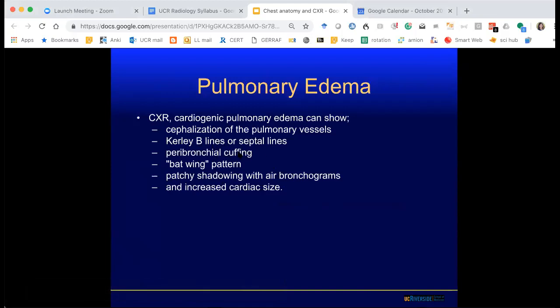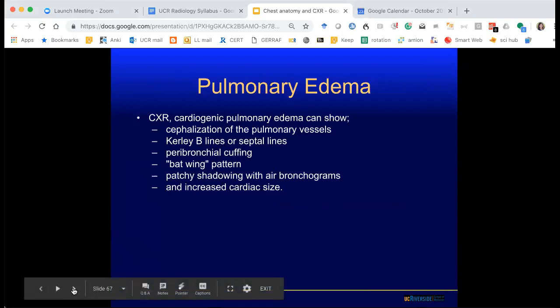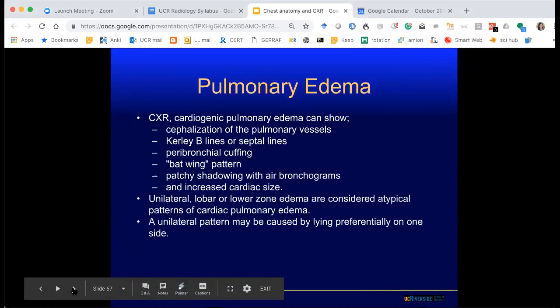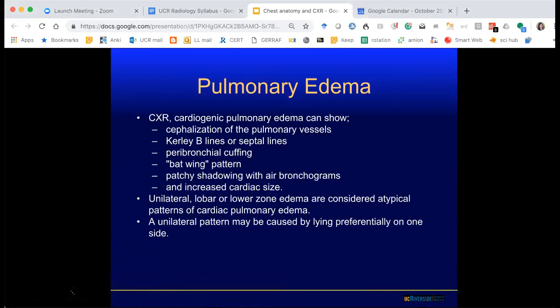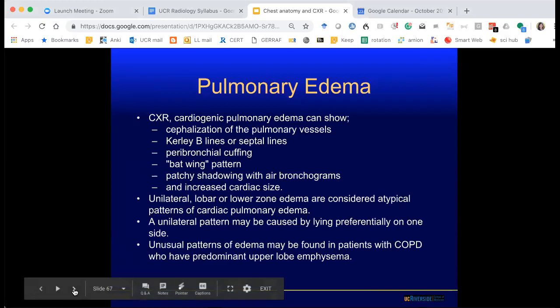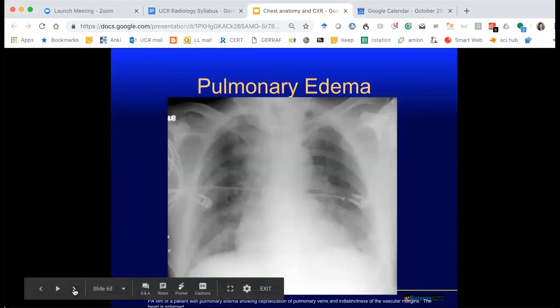And then if the pressures are really high, it'll go into the alveoli, and then eventually into the pleural space, and they'll get pleural effusion. So depending on the severity of the edema, they can get different patterns. But it always starts central because it's usually a cardiogenic source, and then it'll start in the perihilar region and then spread. So the pattern is another important thing that we look for.